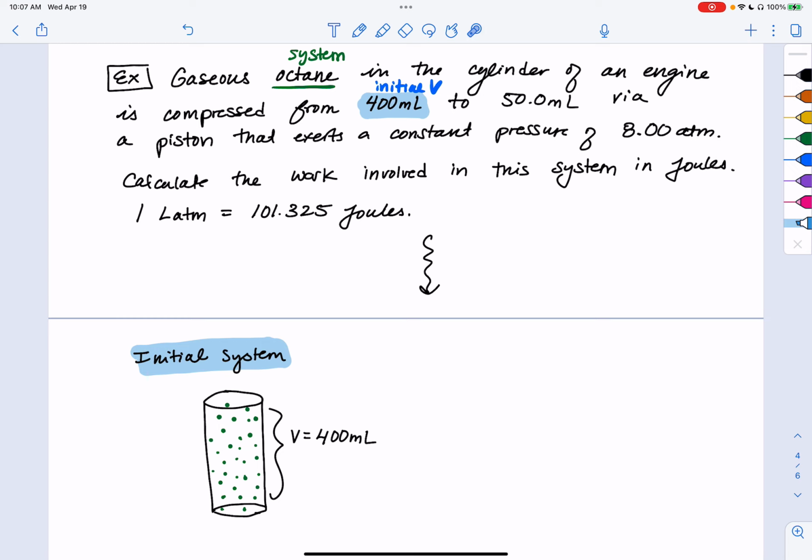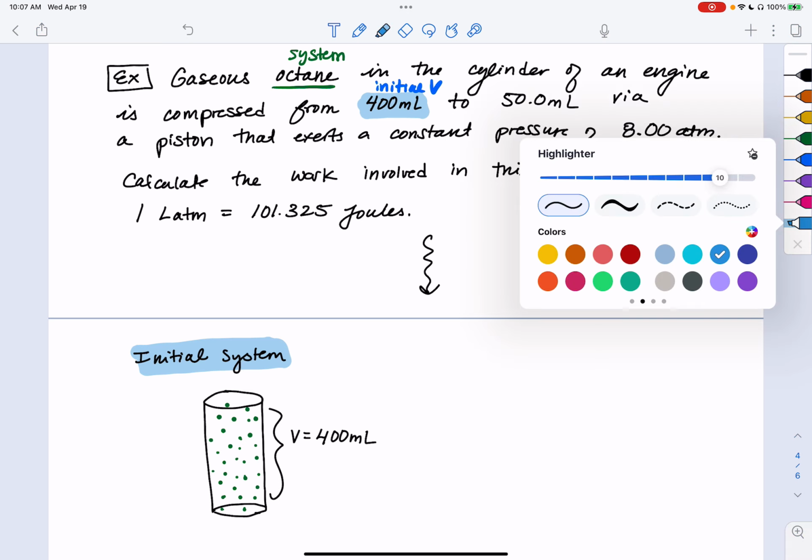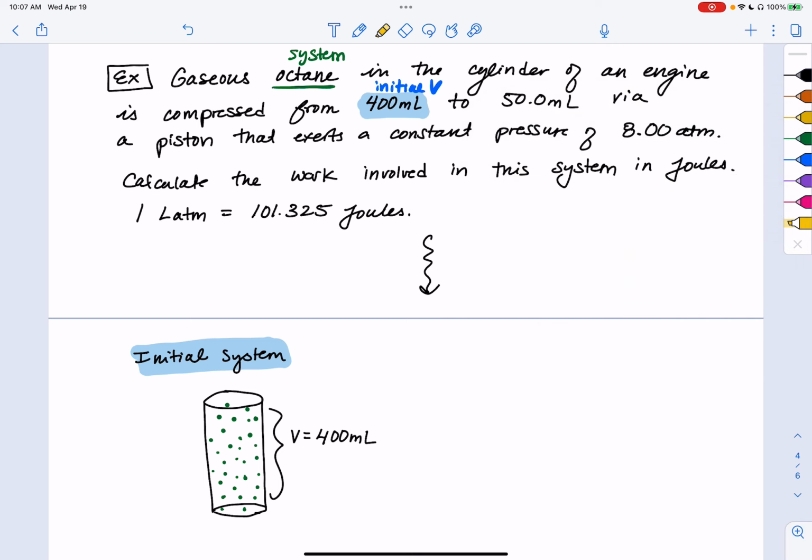So gaseous octane in the cylinder of an engine is compressed. I know that my volume is going to decrease from its initial volume of 400 mils to its final volume of 50 mils. Okay, so we've got our final system.